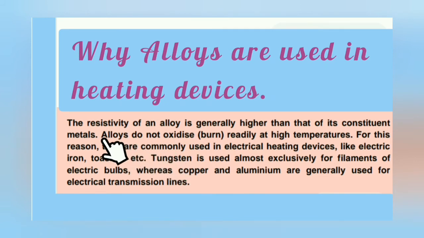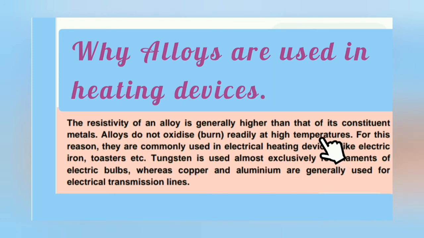First we will see why alloys are used to make heating devices. The reason is that the resistivity of an alloy is generally higher than that of its constituent metals. And the main thing is that alloys do not oxidize readily at high temperature.